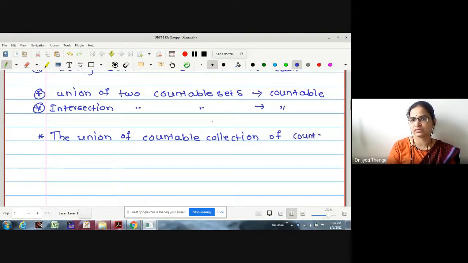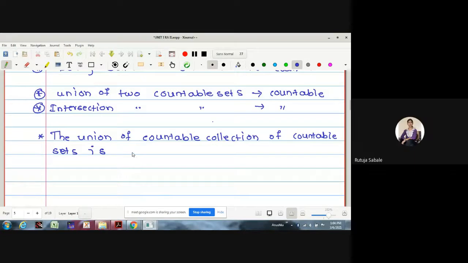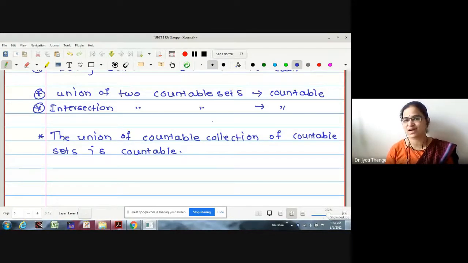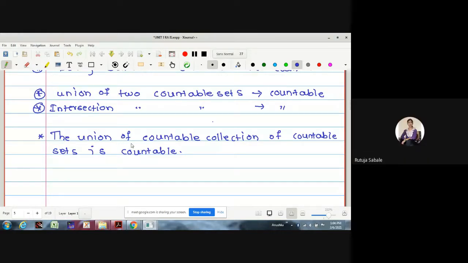Infinite union of countable sets: countable or not? Yes, it is countable. Union of countable collection of countable sets is countable. What about intersection of countable collection of countable sets? Again countable.